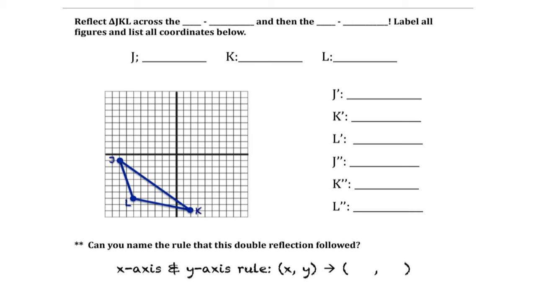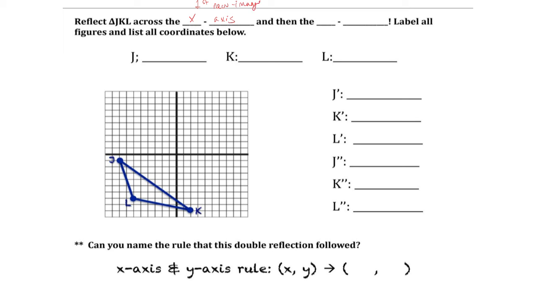All right, the last example I wanted to go through is an example of doing multiple reflections at once. So let's reflect across the x-axis, and this would be our first new image.